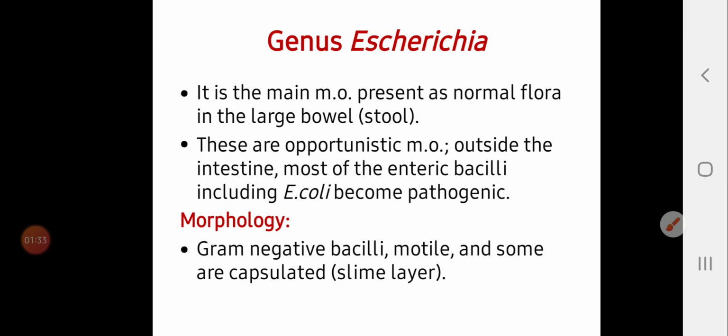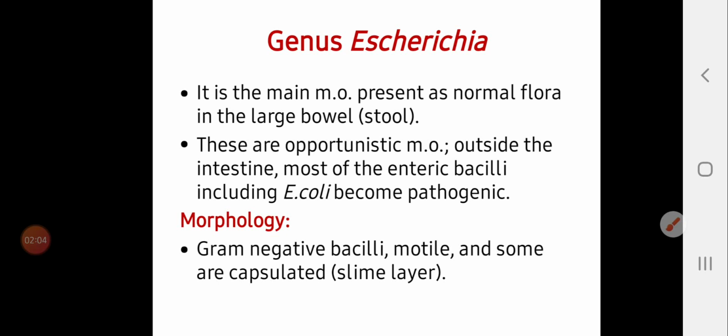But when the immunity decreases or when they go outside the intestine, then they will become pathogenic, because normal flora are microorganisms that are present normally in certain sites within the body. So migration of these microorganisms to other sites of the body may cause infection.